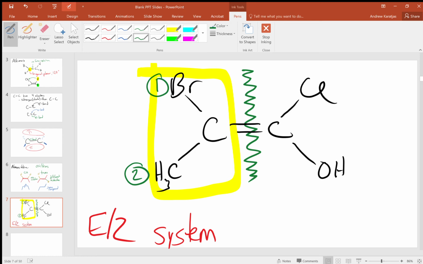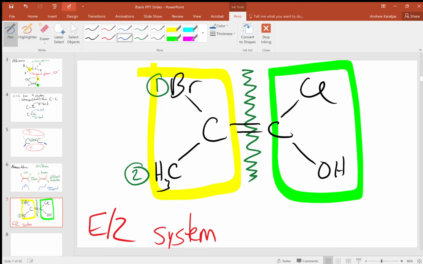What about on the other side? So on the other side, we do the same thing. That carbon has two substituents, a chlorine and an OH group. And so again, our question is, which one is higher priority? Chlorine has a higher atomic number than oxygen, so chlorine gets higher priority.